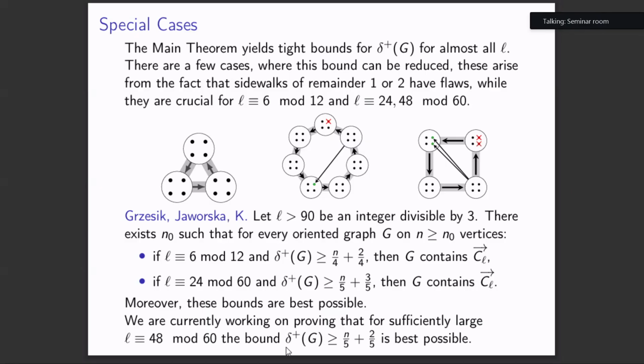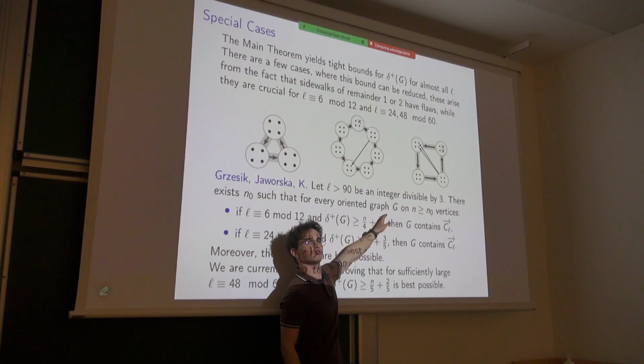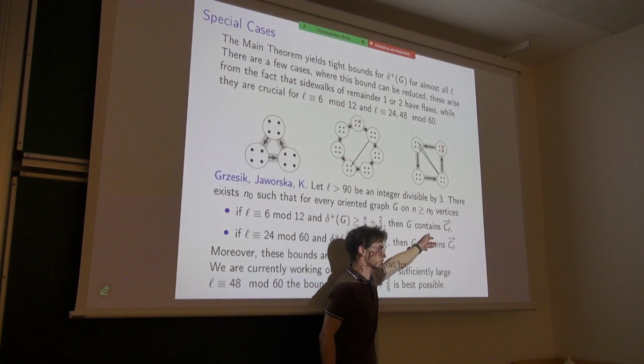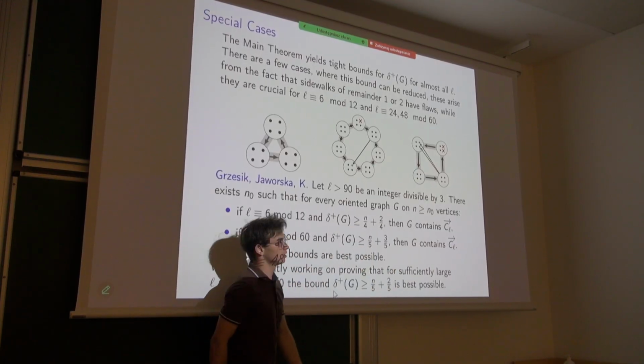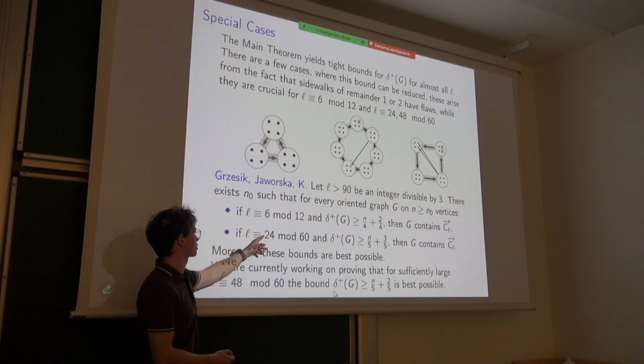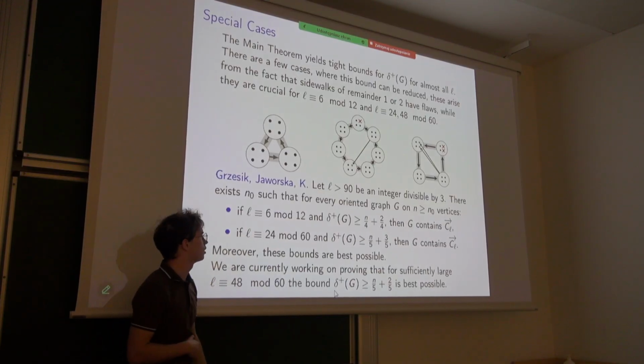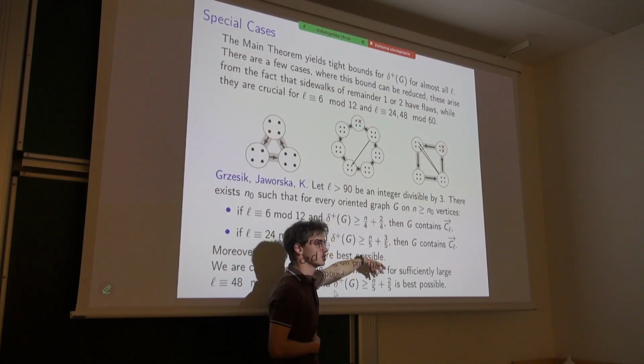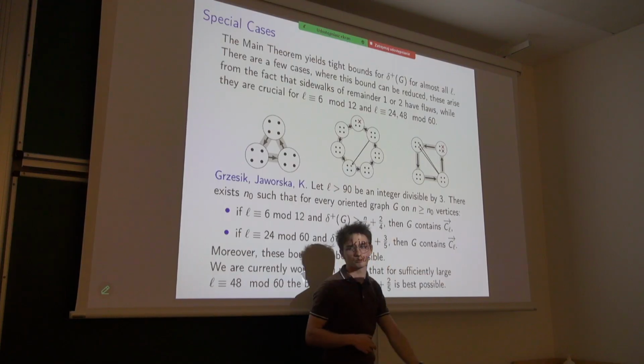We had shown that for L equivalent to 6 modulo 12, an outdegree greater or equal to 1/4 less than what we previously expected is already sufficient for an existence of CL. And for L equivalent to 24 modulo 60, an outdegree greater or equal to 1/5 lower than what we expected is sufficient for creation of CL.